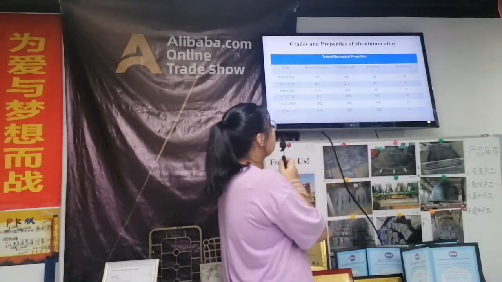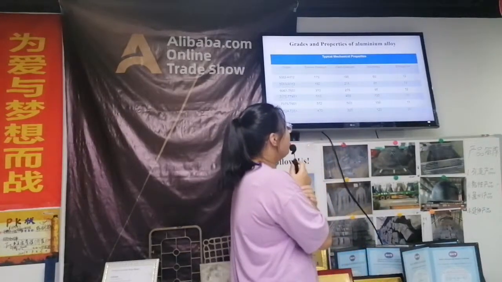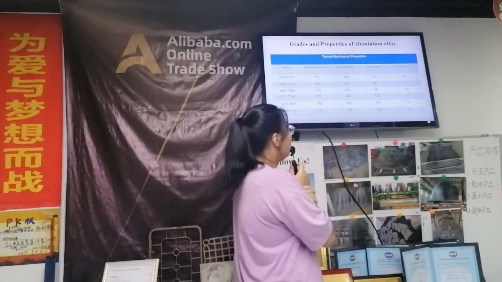Next, grades and properties for aluminum alloy.